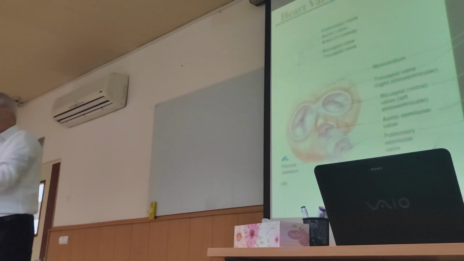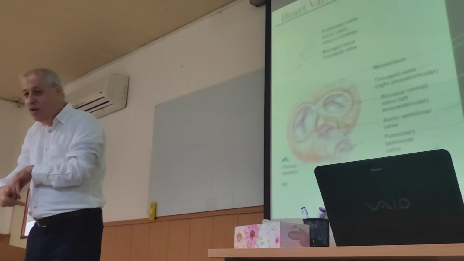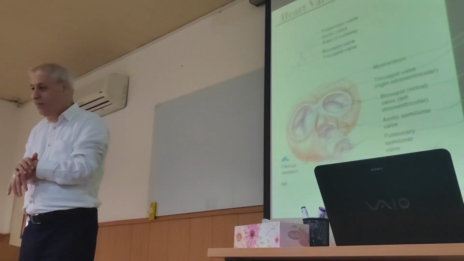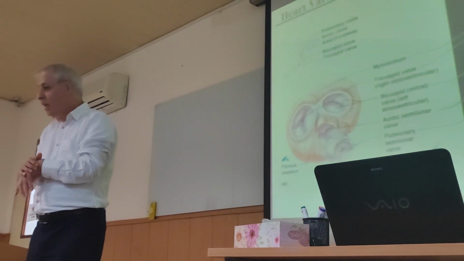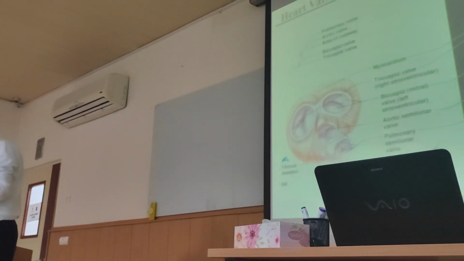The right coronary artery is divided into the posterior descending artery or PDA. In the anterior groove, we have the left anterior descending. So we have left anterior descending, right coronary, and circumflex.